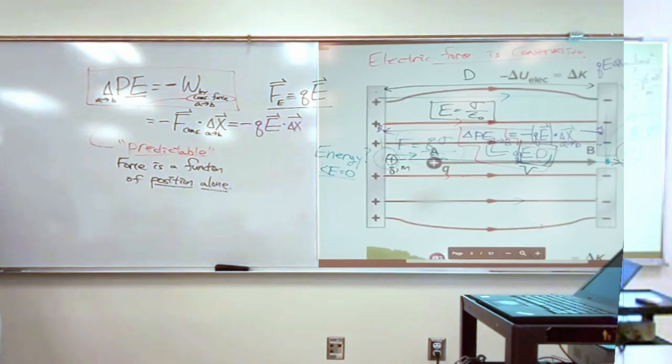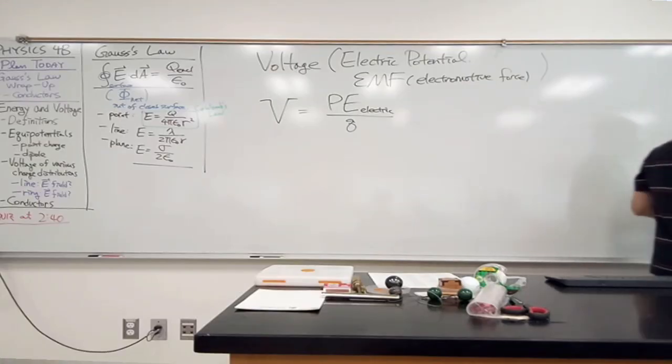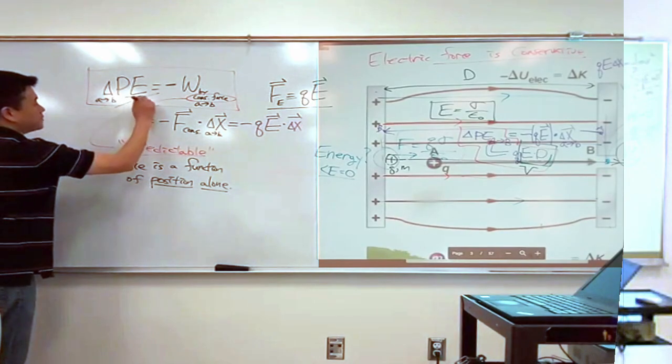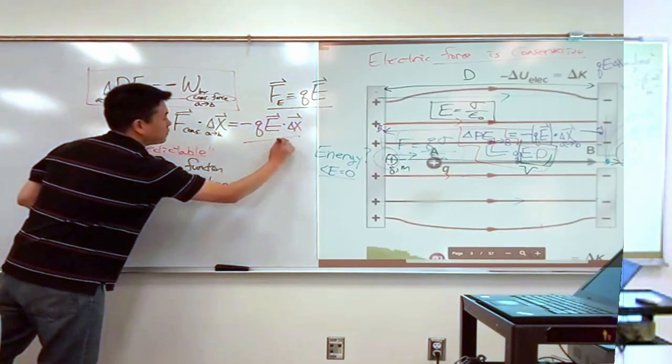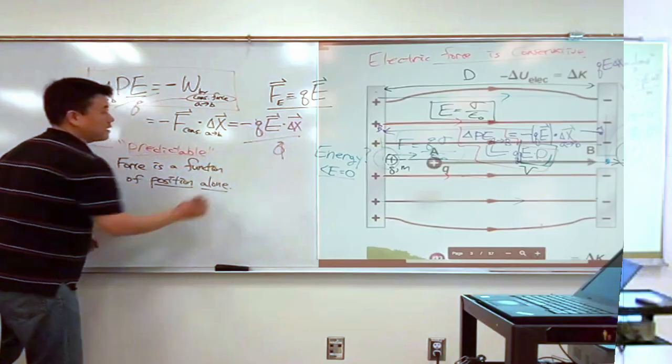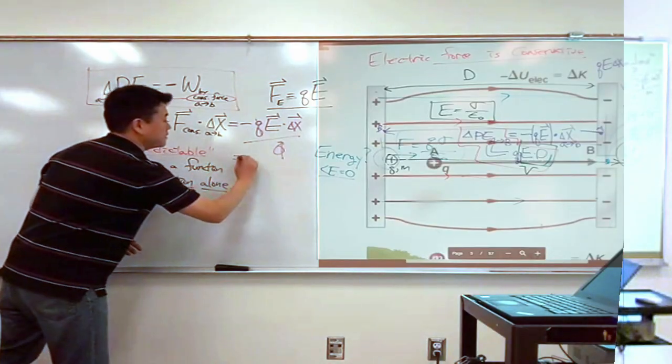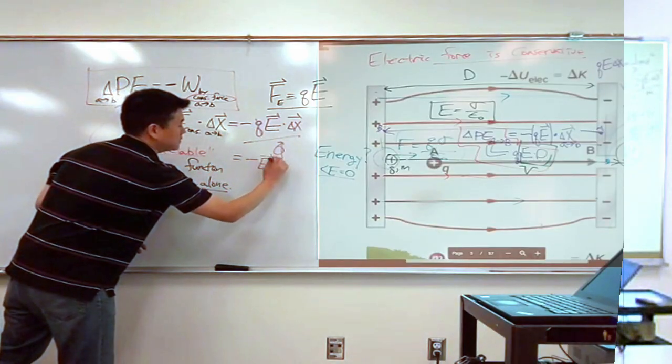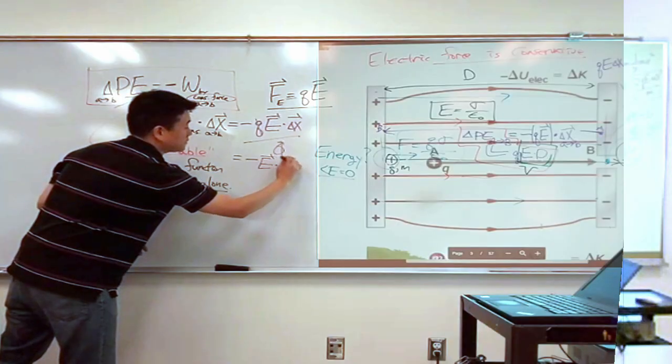So let me do what's suggested by this expression here. Divide out both sides by Q. Then the Q's cancel, and what I end up with is minus E dot displacement.